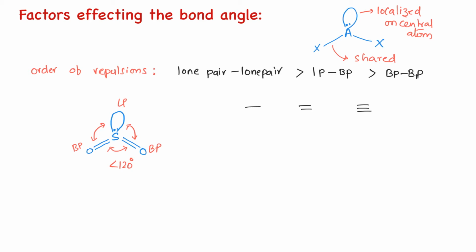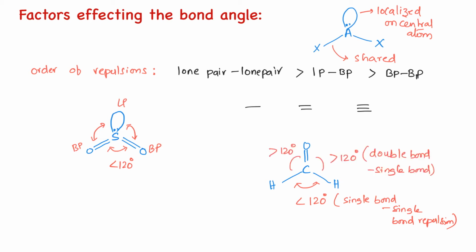For example, in formaldehyde molecule, the bond angle between two hydrogens which are connected to carbon atoms by a single bond is lower than the ideal bond angle of 120 degrees, and the bond angle between an oxygen atom and a hydrogen atom is greater than the ideal bond angle of 120 degrees.